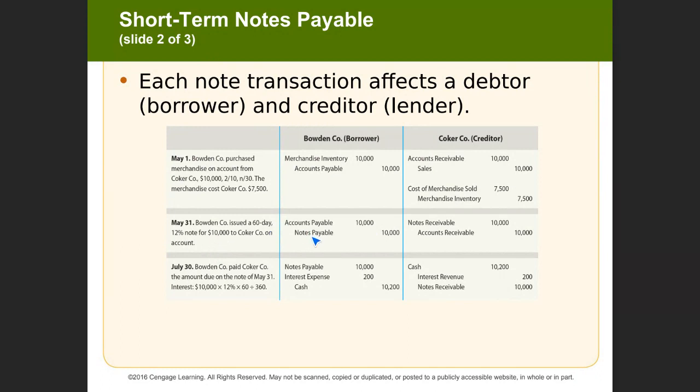They're going to credit their notes payable account for $10,000 because they have a note payable for $10,000. The creditor has a note receivable. They are going to be receiving this note. So they have a debit to notes receivable for $10,000 and a credit to accounts receivable for $10,000.